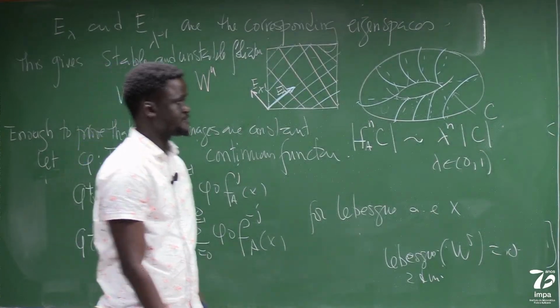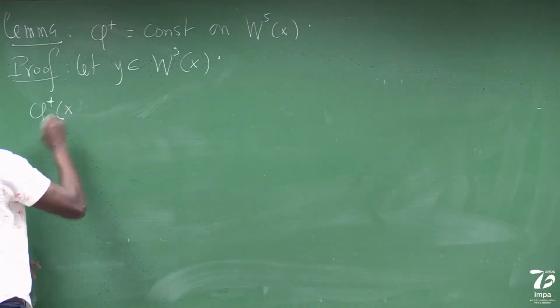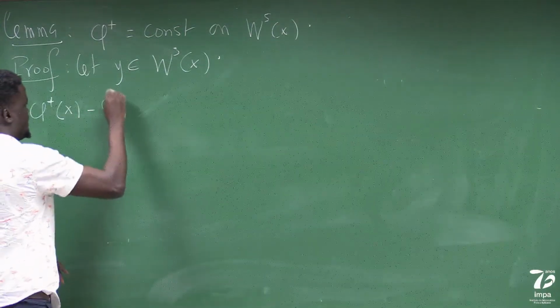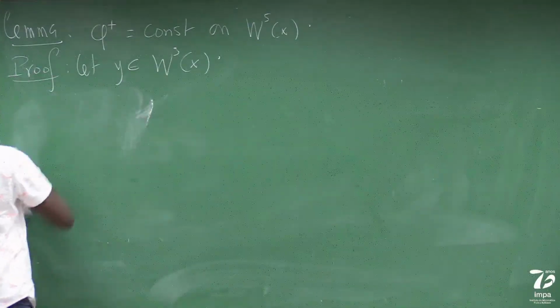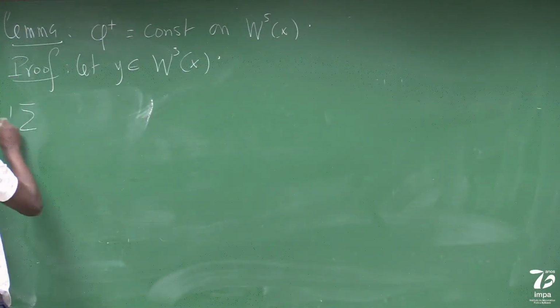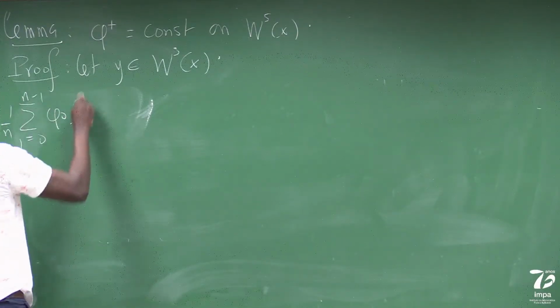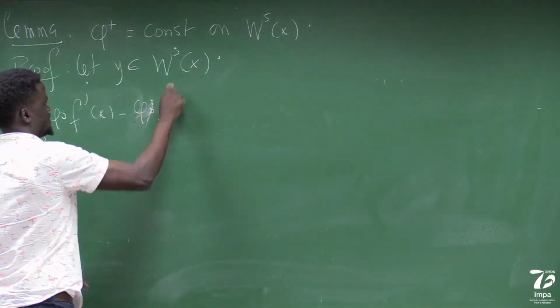But I will be a little bit loose when I write here. What I could write is just really this sum, 1 over n, sum j equals 0 to n minus 1, of phi composed with f^j x minus phi composed with f^j y.